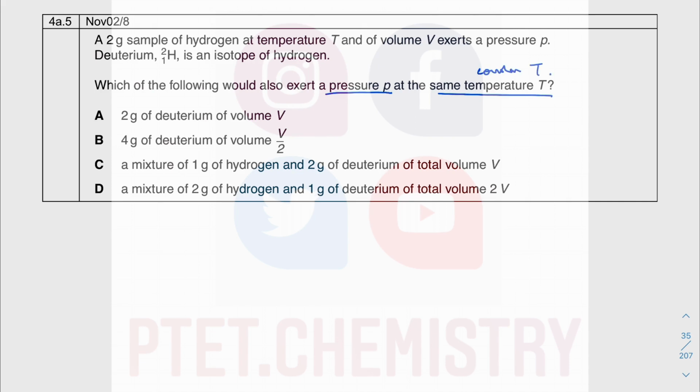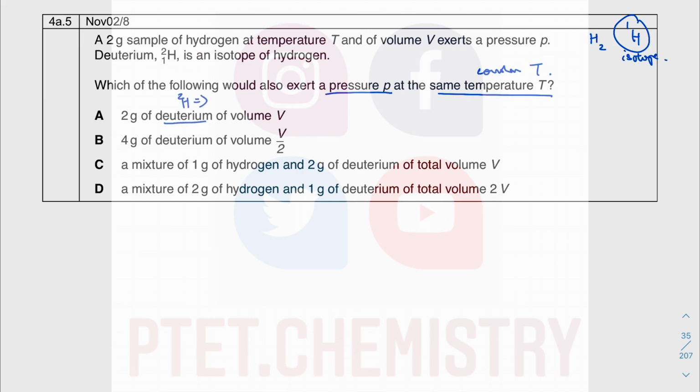Constant temperature. So 2 grams of hydrogen. Hydrogen exists as H2. But you should know this is the hydrogen 1 isotope, whereas deuterium is the hydrogen 2 isotope.